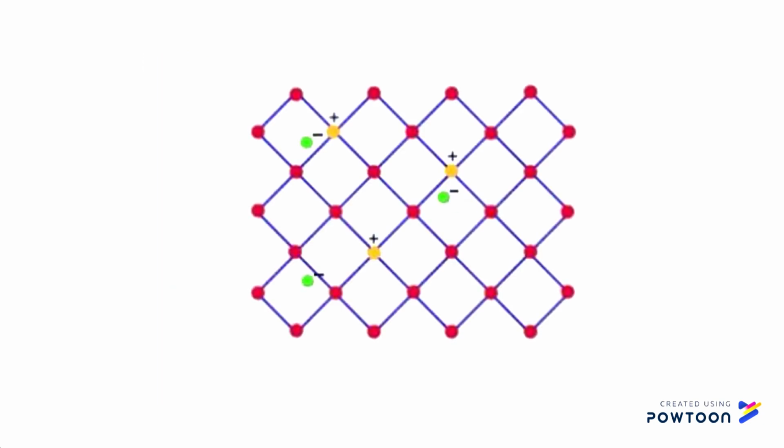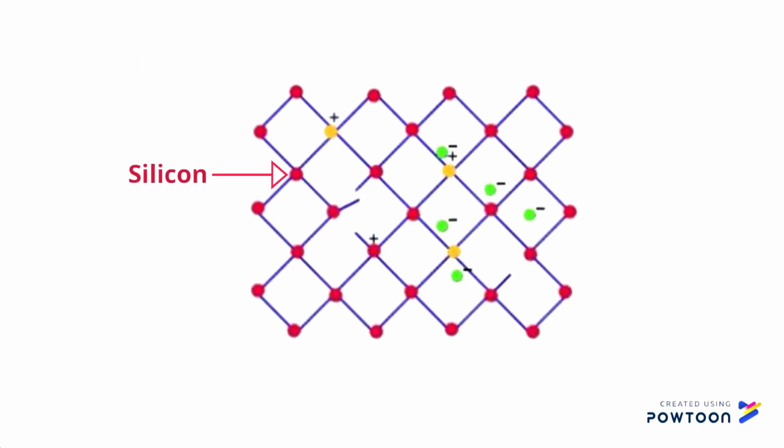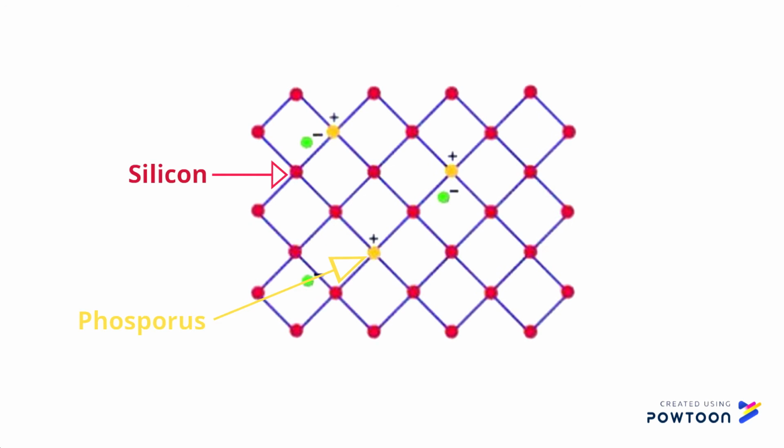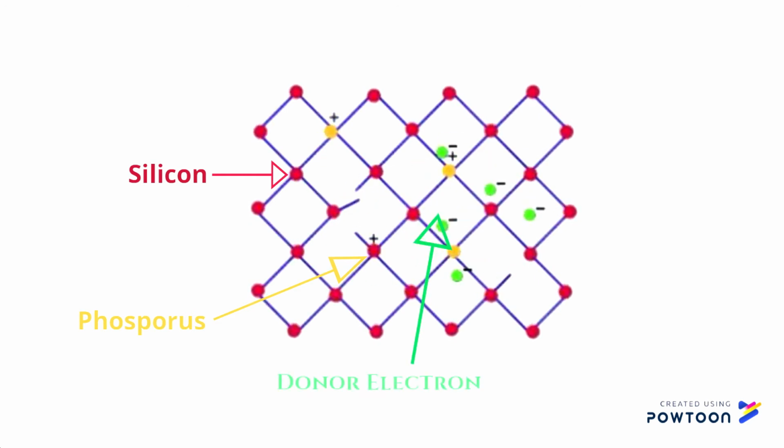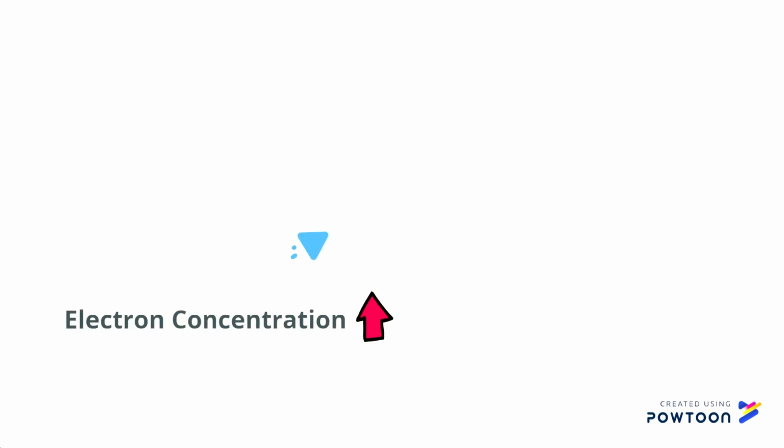If the silicon is doped with phosphorus, the fifth valence electron, which we call the donor electron, will be free from the valence shell of phosphorus at room temperature. This won't create any hole. Hence, only the electron concentration is increased when the donor atom concentration increases.